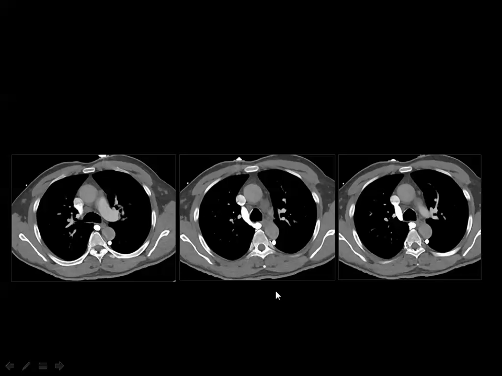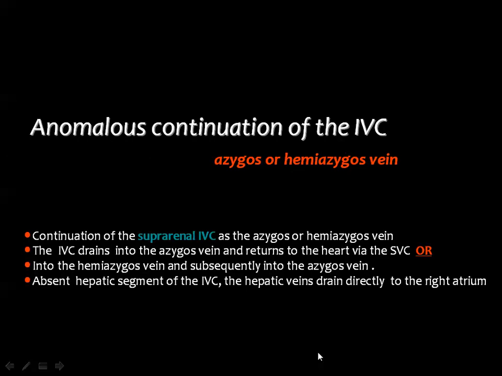And this is the appearance of the azygous vein joining the superior vena cava in serial images taken for the thorax. One of the common findings is the anomalous continuation of the IVC.